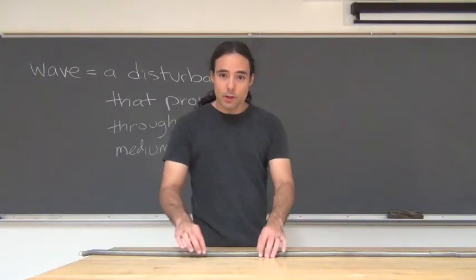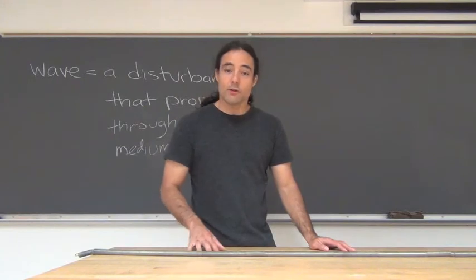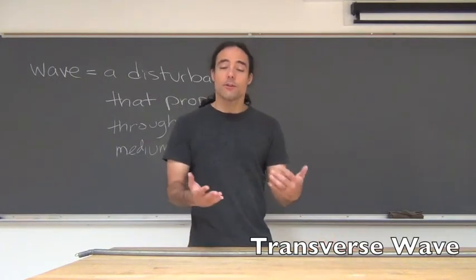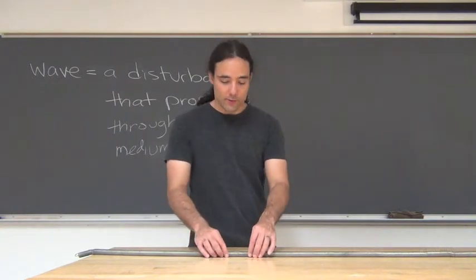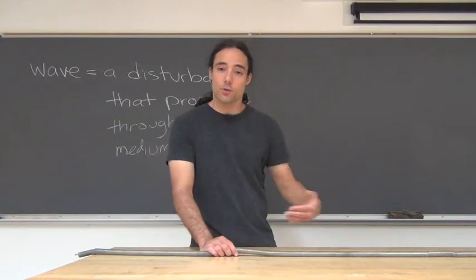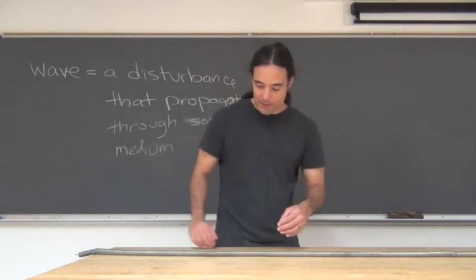Now, the long snake-like spring wave that I just showed you is a particular example of a wave called a transverse wave. It's called a transverse wave because the motion of the spring is transverse, or perpendicular, to the way that the wave moves. Here's what I mean by that.